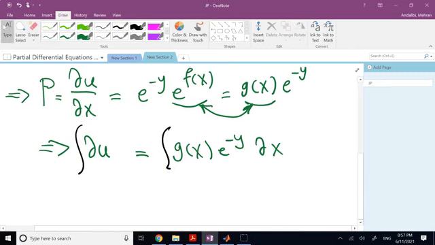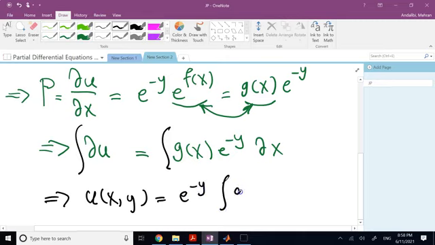and here we are doing integration with respect to x on the right hand side. So this is going to be u on the left hand side. This is going to be u of x and y. Here, since e to the negative y does not have anything to do with x, you can bring it out. And it is going to be integral of g of x. And again, you have a constant here.